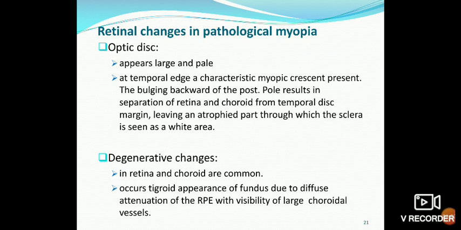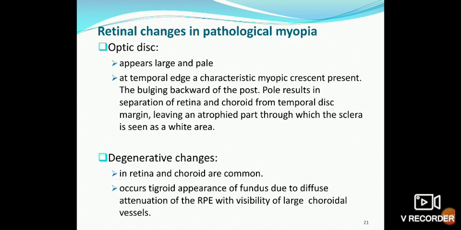This is called the supertraction crescent, and it leads to blurring of the nasal disc margin. This is due to overriding of the nasal retina and choroid. So the supertraction crescent appears at the nasal border of the optic disc, while the crescent is at the temporal disc margin.